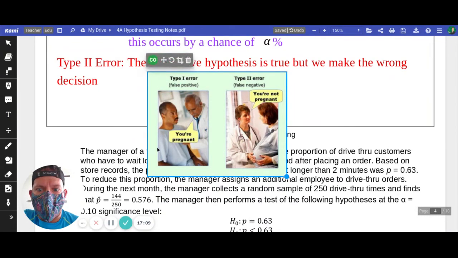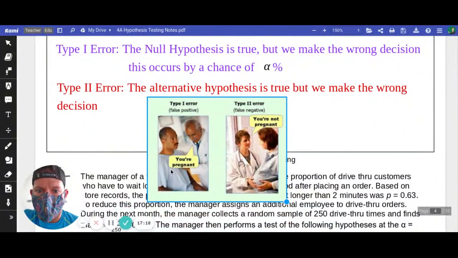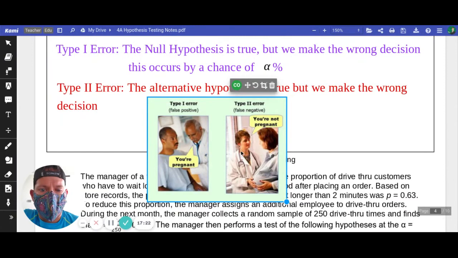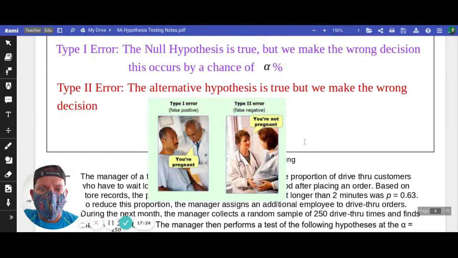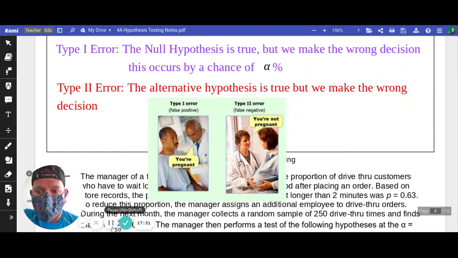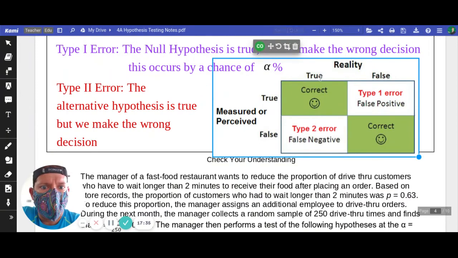Type 1 error, false positive, where the null hypothesis would be that he's not pregnant, but we make the wrong decision and say that he is pregnant. Versus a type 2 error where the alternative is true. If our null hypothesis is that you're not pregnant, but clearly we can see that she is pregnant there. So we'll wrap up with this diagram, where if we have true and true, we're right.